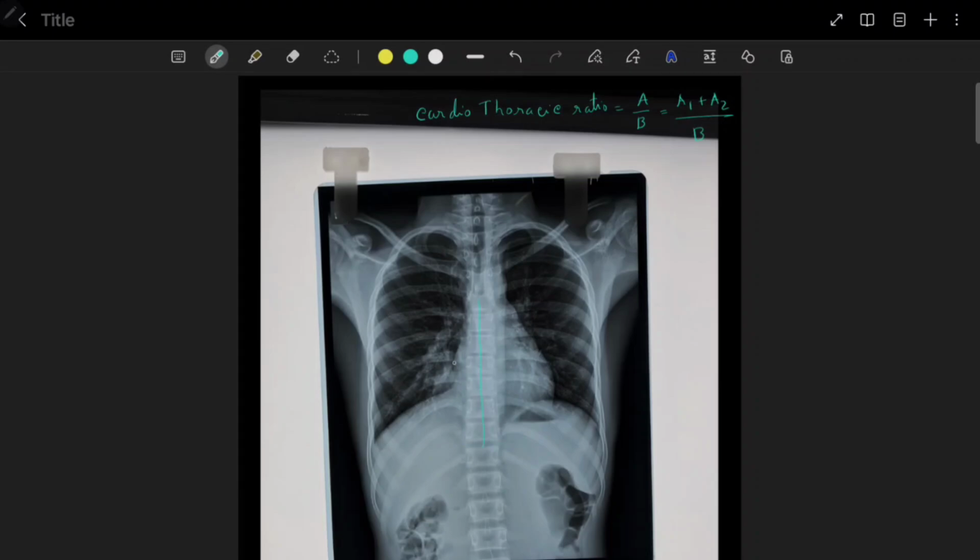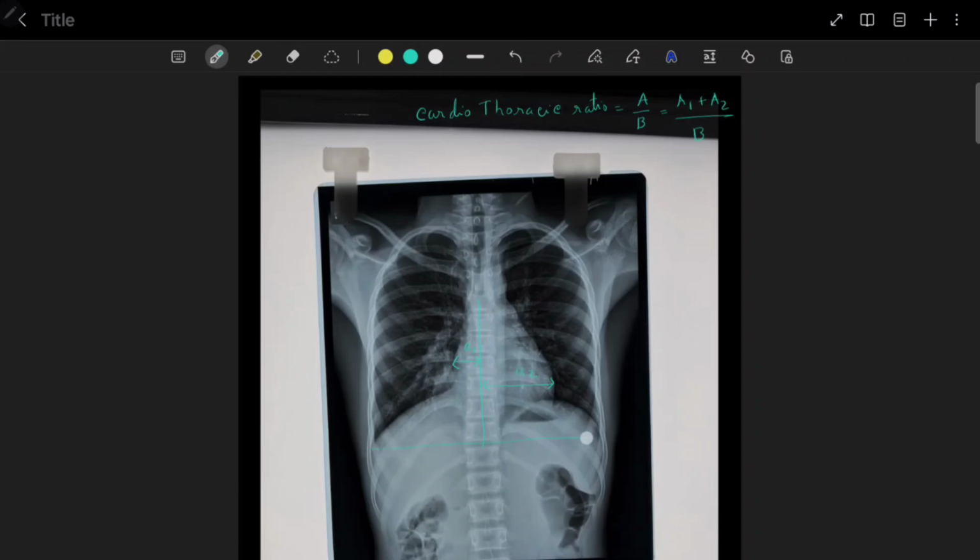It is the midline, and here the maximum transverse diameter of the heart towards the right side is called A1, and here the maximum cardiac transverse diameter towards the left is A2.